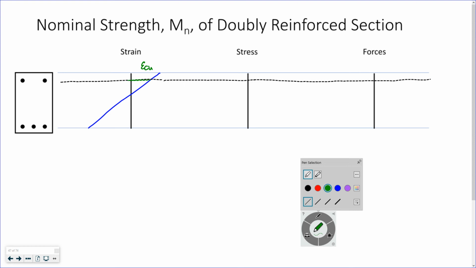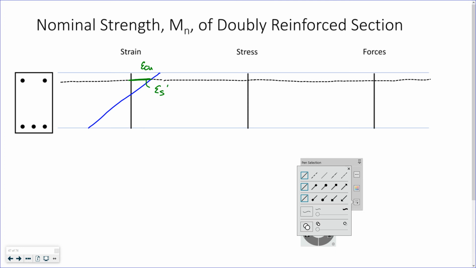It's gonna have a strain value epsilon_s prime, and a strain value down here, the strain in my tensile reinforcement, right? Draw all my lovely geometry, d prime, d, the depth of my neutral axis is c.